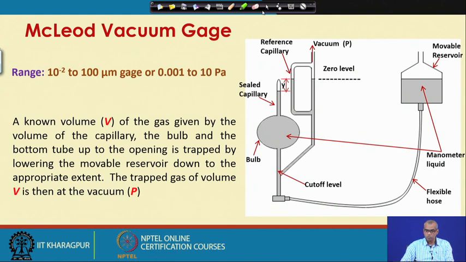A known volume V of the gas, given by the volume of the capillary, the bulb and the bottom tube up to the opening, is trapped by lowering the movable reservoir to the appropriate extent. The trapped gas of volume V is then at the vacuum pressure P. This is what we explained.